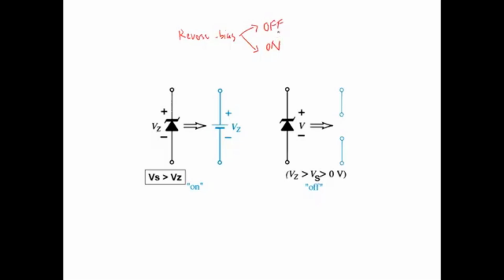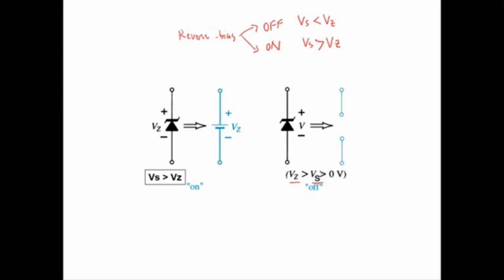The off state is where the current is zero, which is when the supply voltage is lower than Vz. The current is on when the supply voltage is higher than Vz. At the off state, where Vs is lower than Vz, the Zener diode can be replaced by an open circuit.